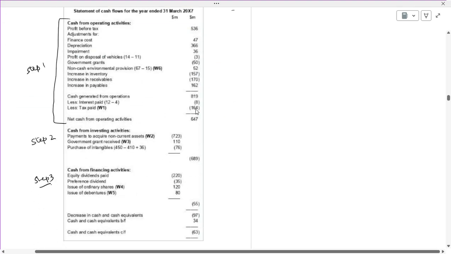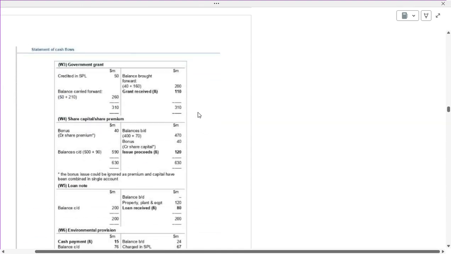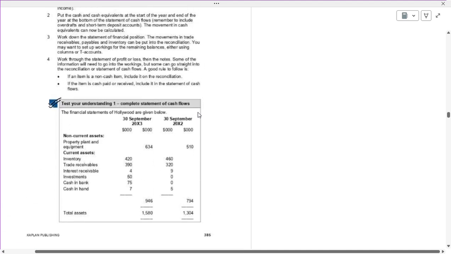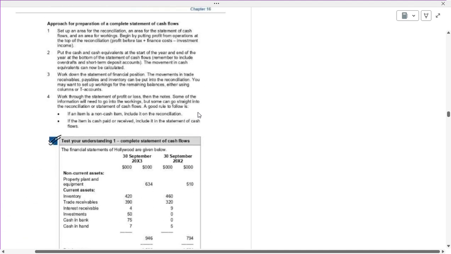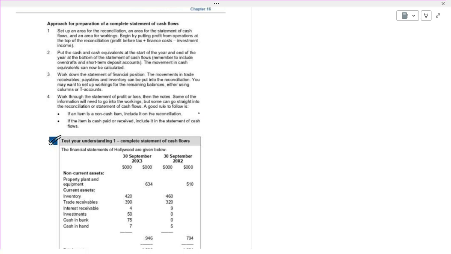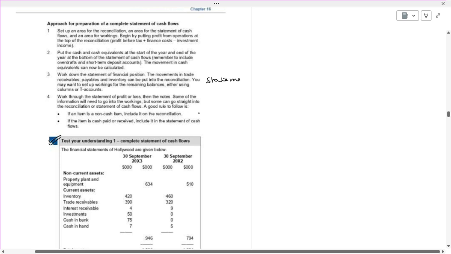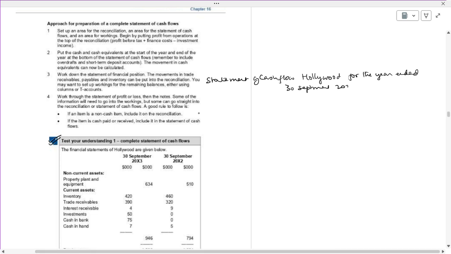Statement of cash flows of Hollywood for the year ended September 2023.